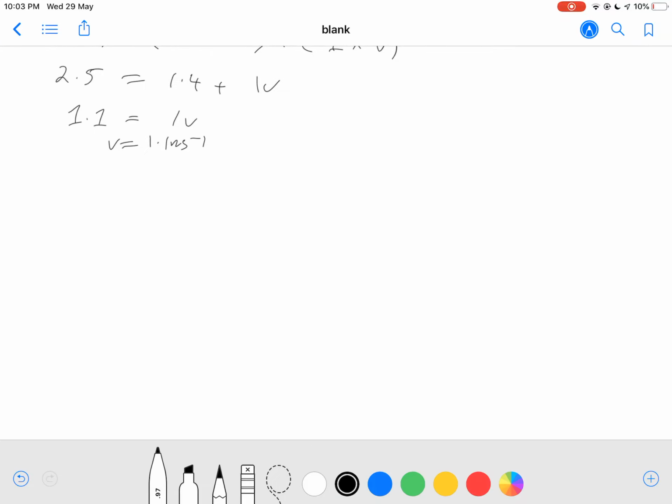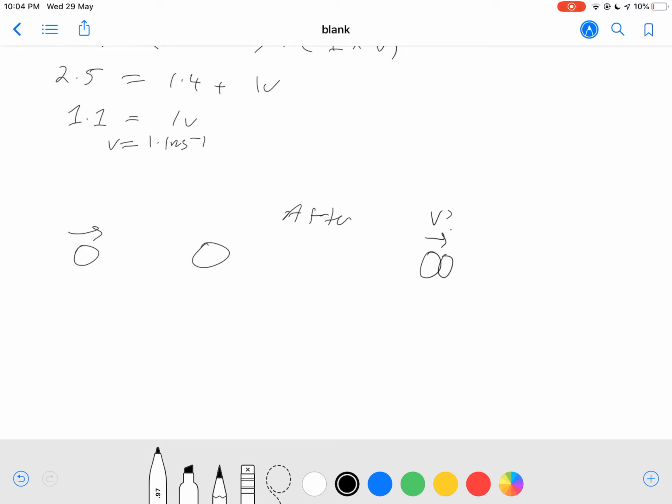Another type of question they might give you is when both balls join together. For example, one object is moving and another object is stationary, so its velocity is 0. After the collision the two balls join together and start moving in a certain direction, and they want you to find what this v is.